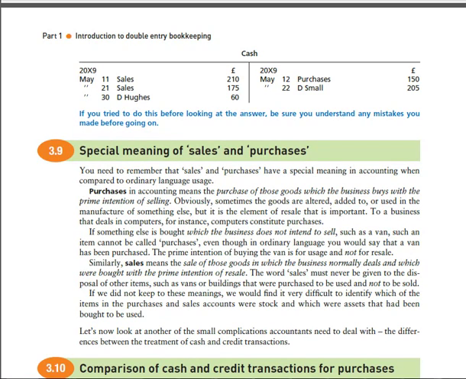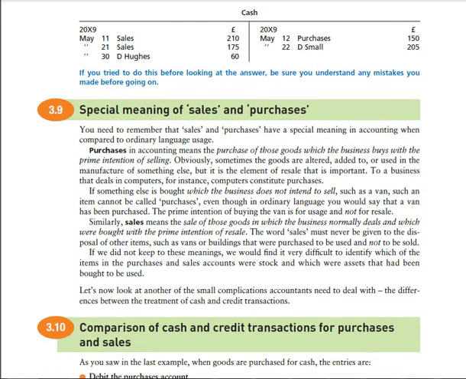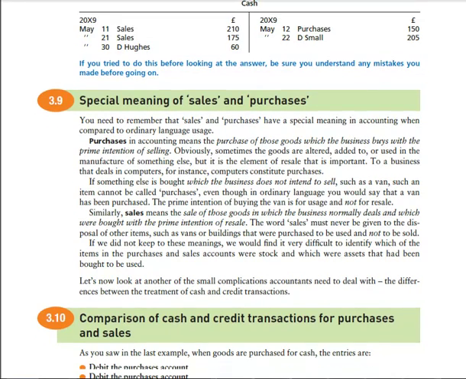Whereas if a toy company sold a desk or other furniture, that would not be called sales, because the toy company does not trade in furniture. So that is the key differentiator: what was the prime intention, whether it was bought to be resold or whether it was bought to be used by the business when the business was being conducted.